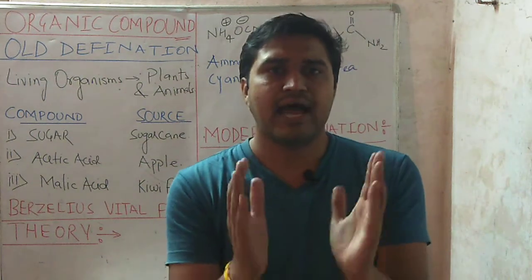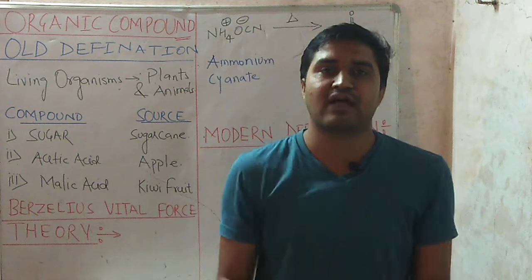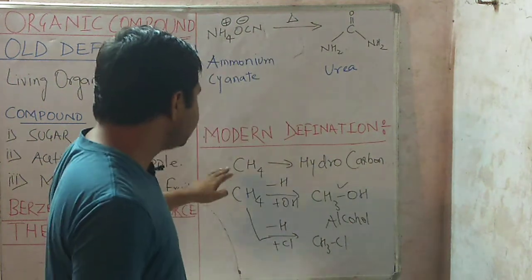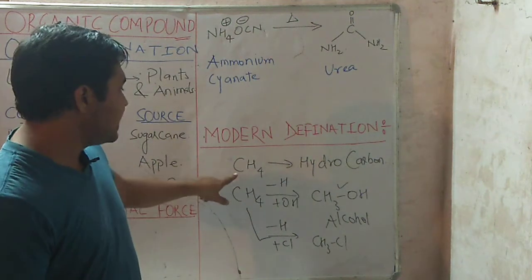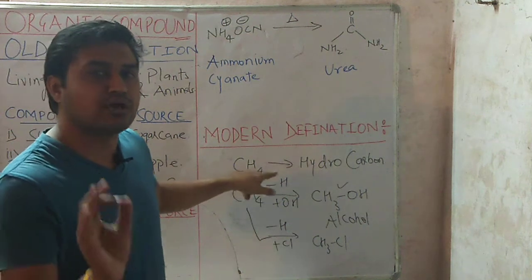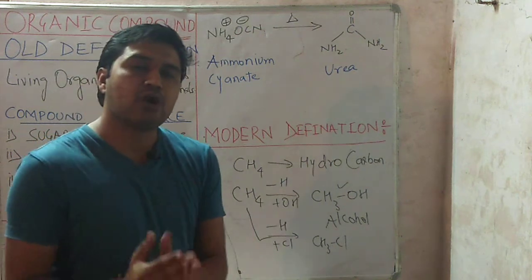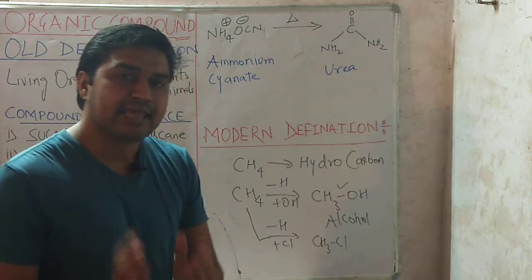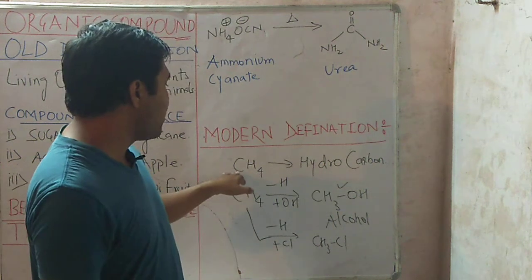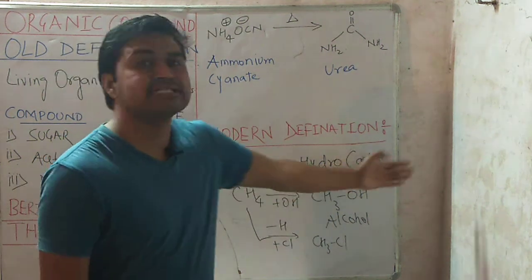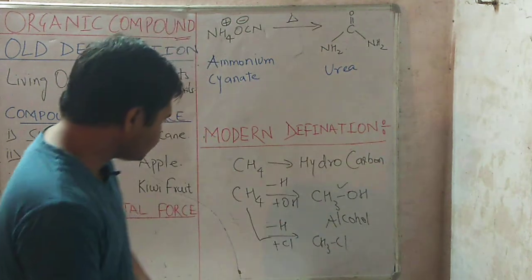For example, CH4 is made up of carbon and hydrogen only. This is methane. According to the modern definition, can we call it a hydrocarbon, because it is made up of carbon and hydrogen? Yes, we can.